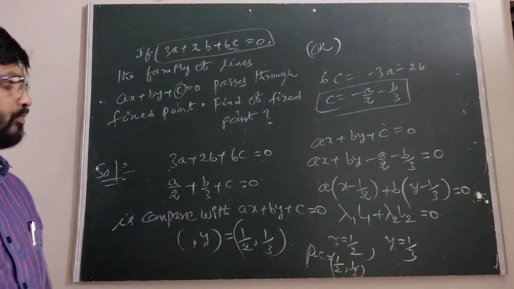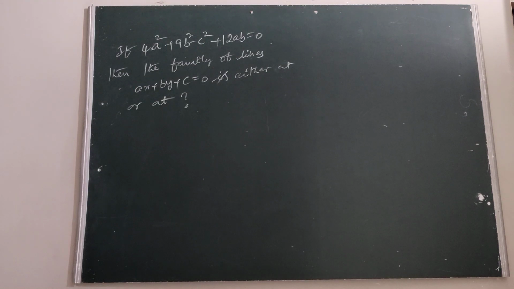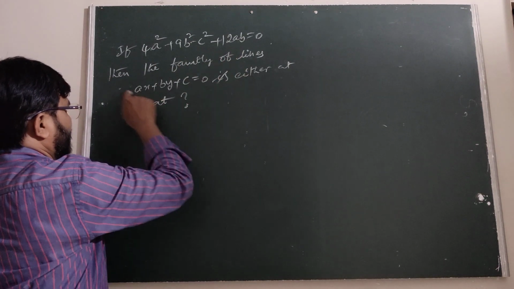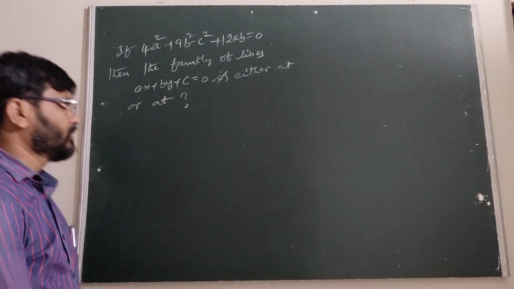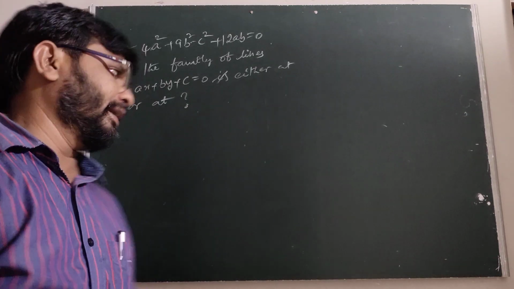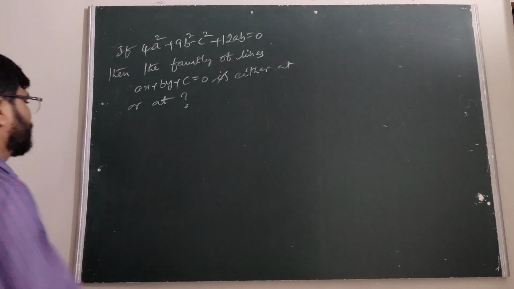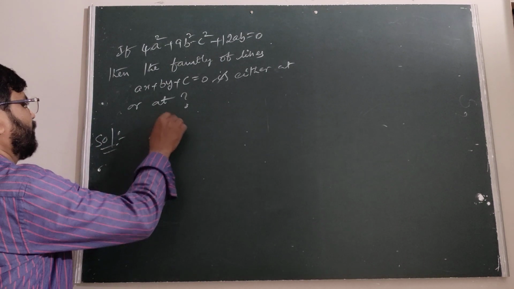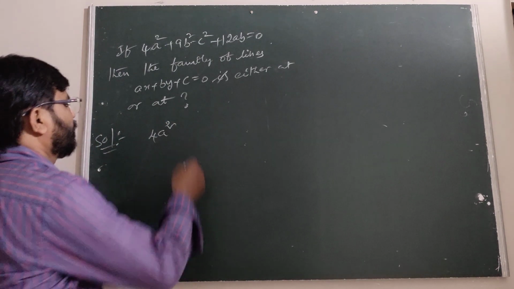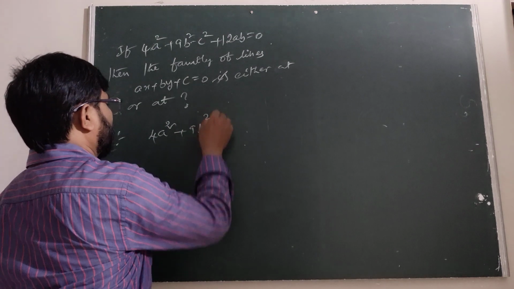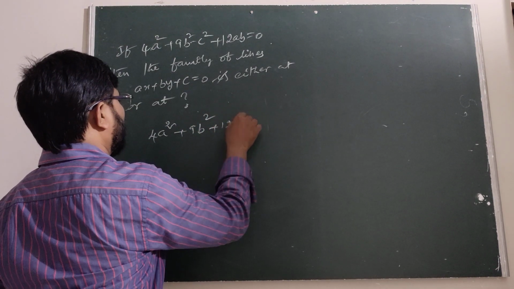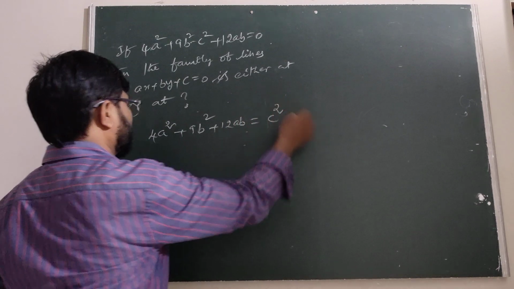Okay. If 4a square plus 9b square minus c square plus 12ab equals 0, then the family of lines ax plus by plus c is either this or that. That means it is given that 4a square plus 9b square plus 12ab equal to c square.